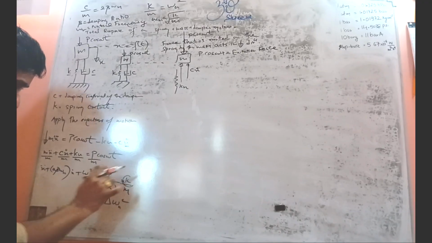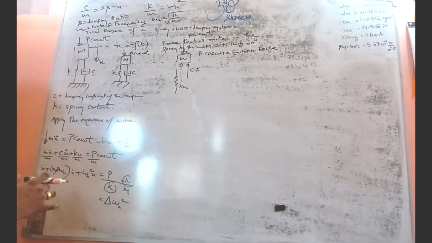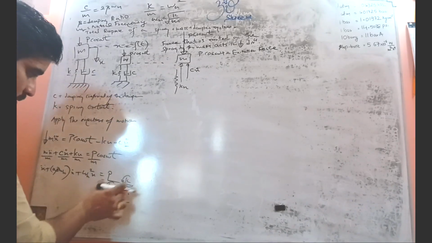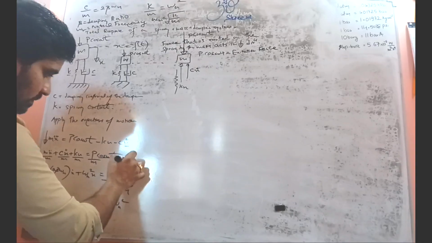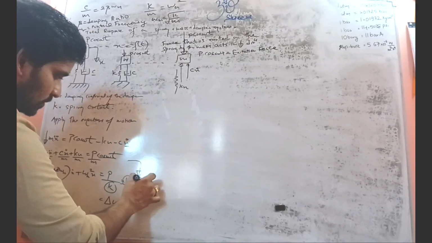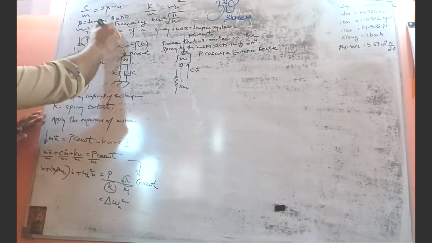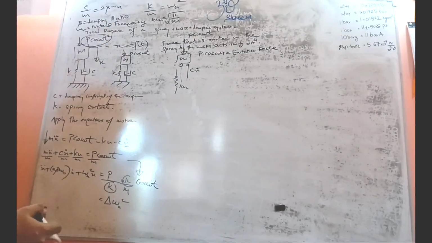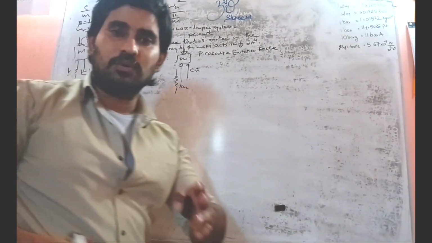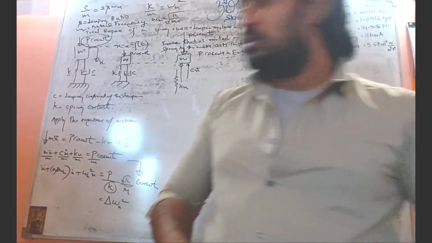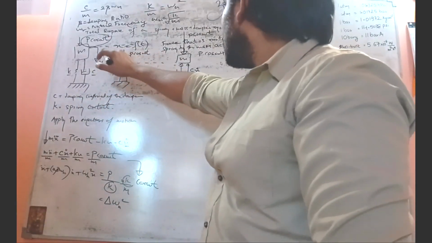So now we can write, now here, this other part, cos omega t, that part will continue, because P cos omega t is the excitation force. I could have even considered the sine format, but for this problem I'm going to consider P cos omega t.